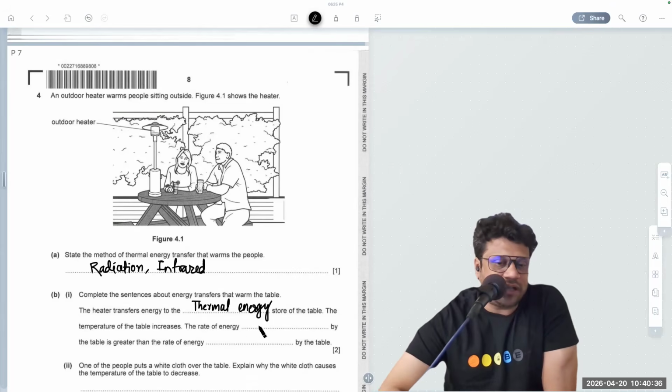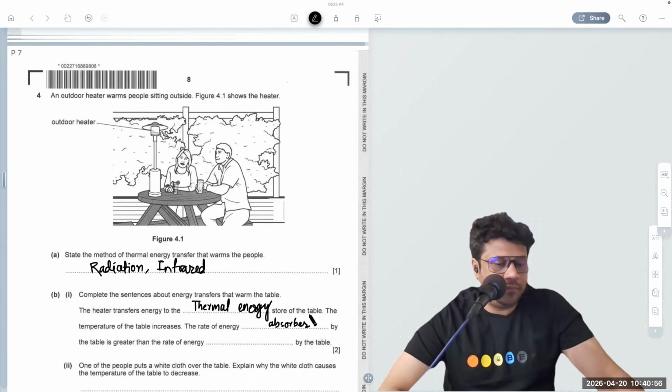So the rate of energy absorbed, I can put gained also, or gained by the table is greater than the rate of energy lost or dissipated.